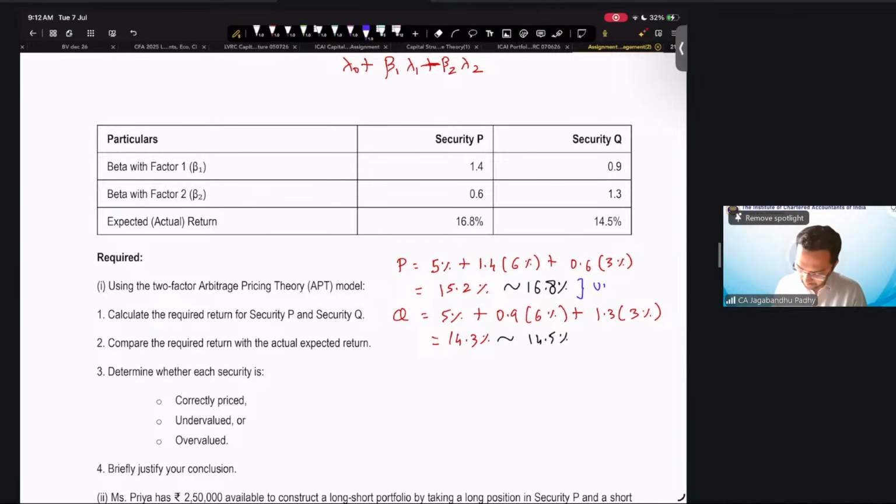So this is definitely undervalued. 14.3 versus 14.5, this is definitely again undervalued.